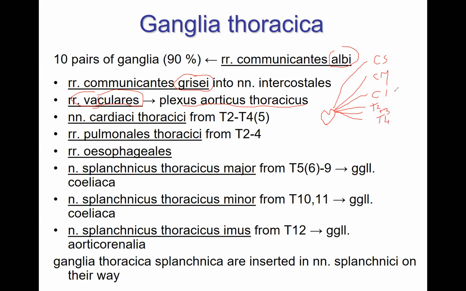T1 is part of the inferior cervical. So this is for the heart, as you can see. We call them thoracic cardiac, and these were cervical cardiac. Then we have some for the lungs. We call them thoracic pulmonary branches.